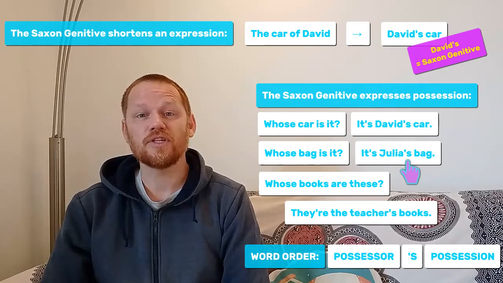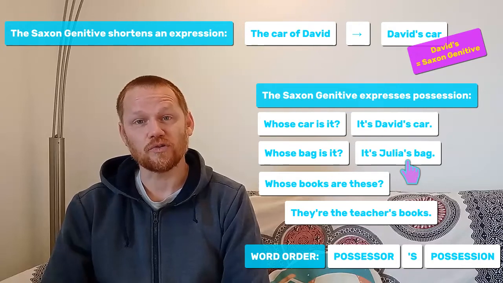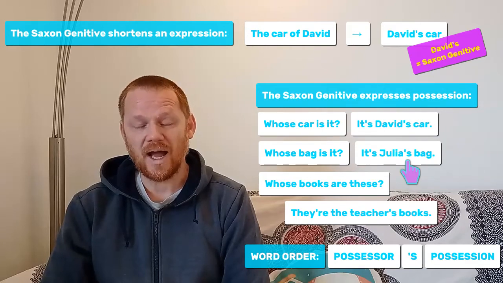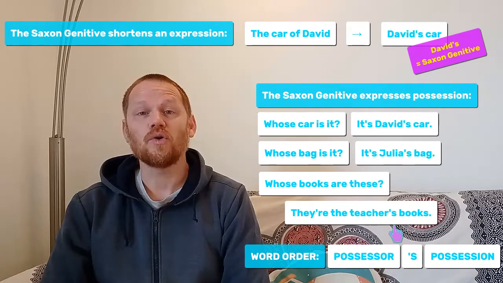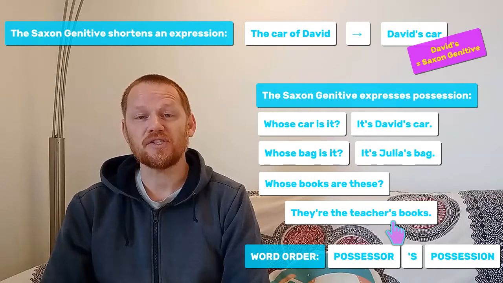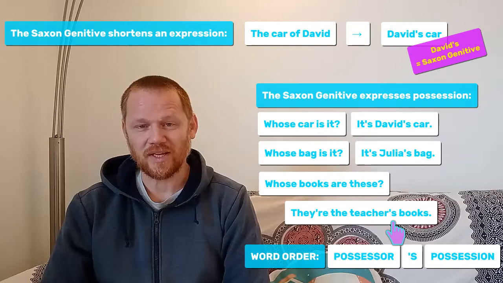Same goes with Julia's bag. Julia is the possessor, followed by an apostrophe S, and then the possession, bag, okay? Or the teacher's books. The teacher is the possessor, followed by the apostrophe S, and then the possession, books, okay?